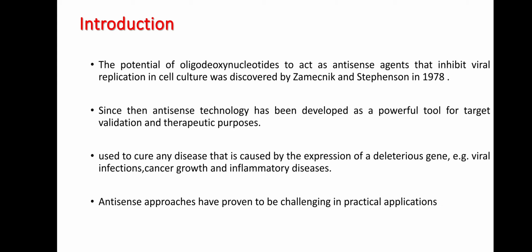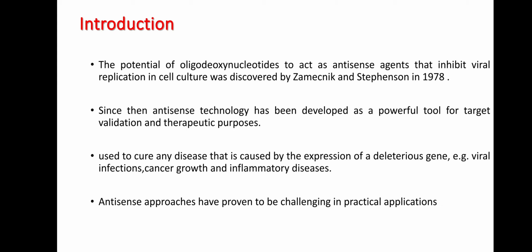This is the basic idea about antisense oligonucleotide molecules. So what is antisense? Antisense is basically an oligonucleotide compound. The genetic material is a single strand of RNA which acts as antisense. It was first discovered by Zamecnik and Stephenson in 1978, and later this technology was optimized for different applications.